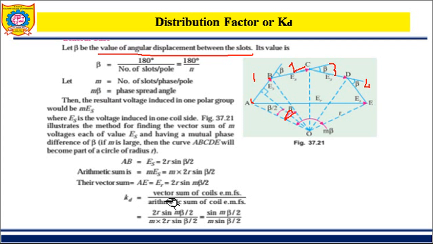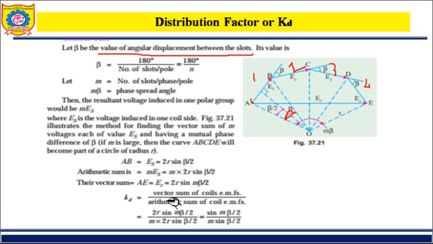Distribution factor is the ratio of the induced EMF in a coil group when the winding is distributed in a number of slots to the induced EMF in the coil group when the winding is concentrated in one slot.